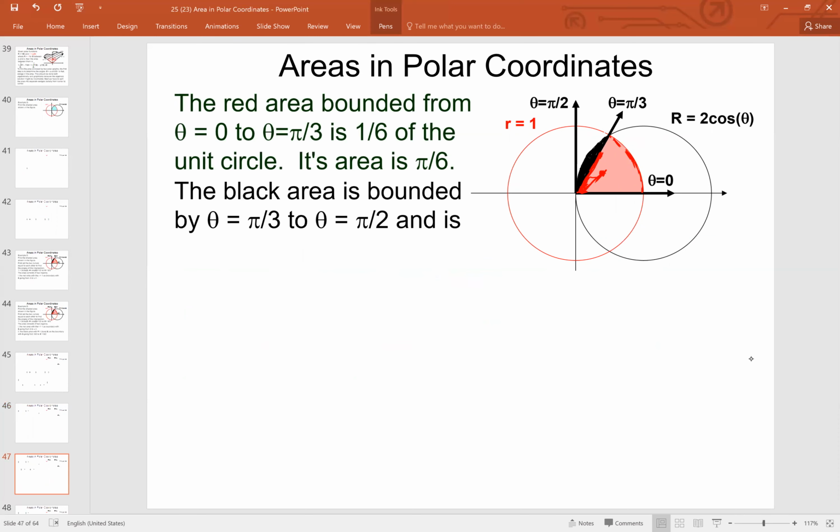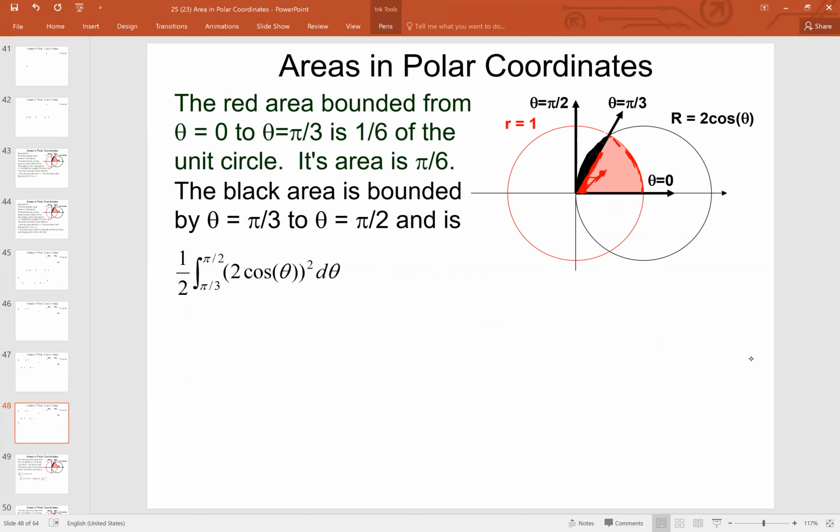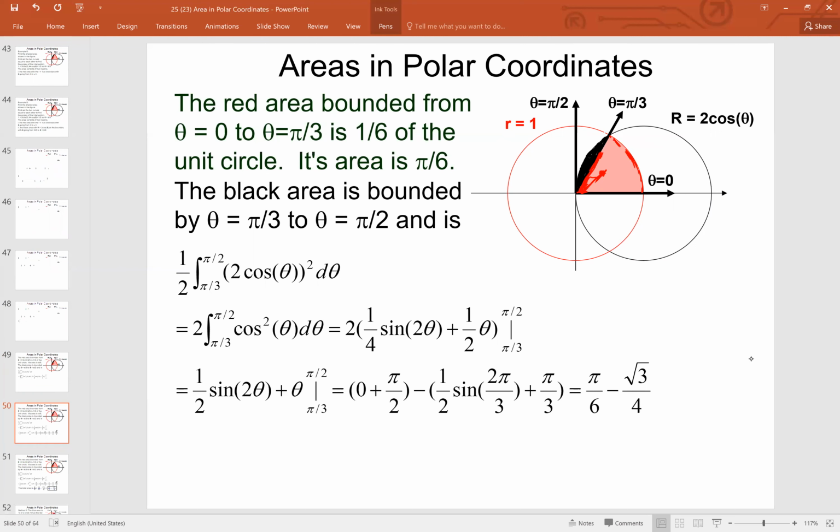One way is to calculate the pi over 6, the red area. The black area is bounded by two curves going from pi over 3 up to pi over 2, right? And then you integrate from pi over 3 to pi over 2. And the curve you talk about, the boundary, is that circle on the right, 2 cosine theta. So you integrate that, and you add the two answers together.